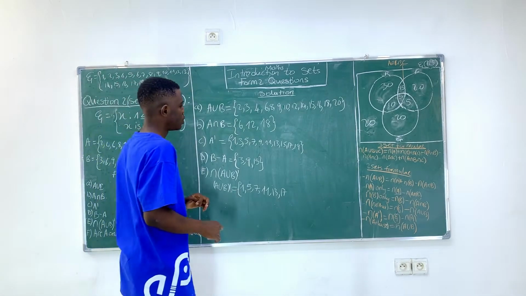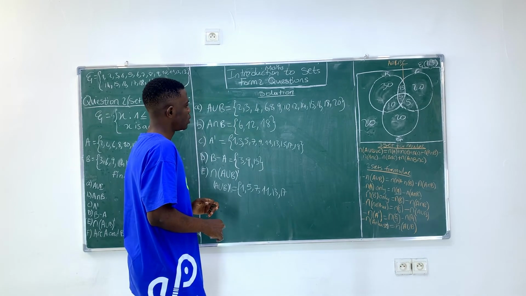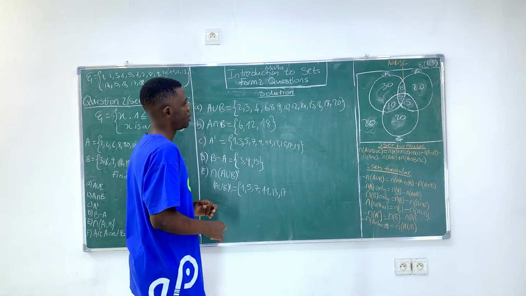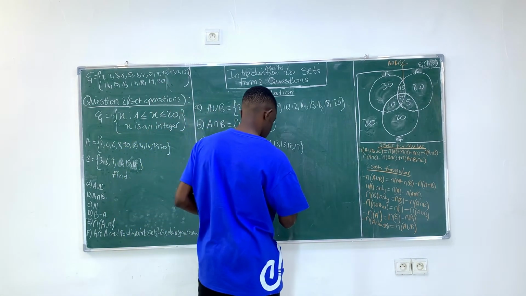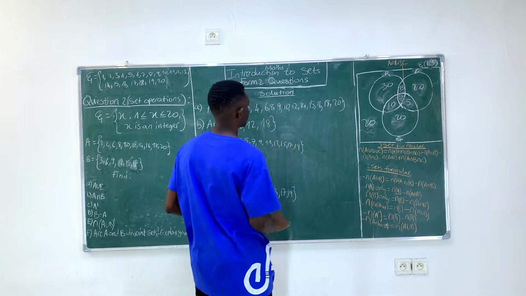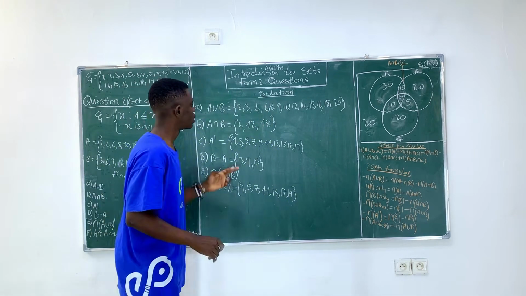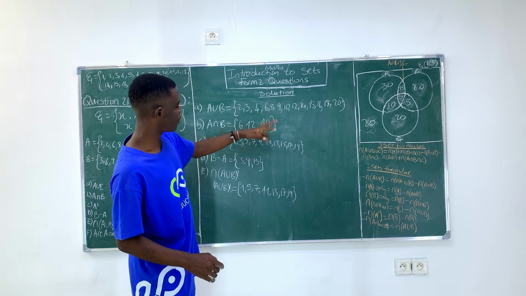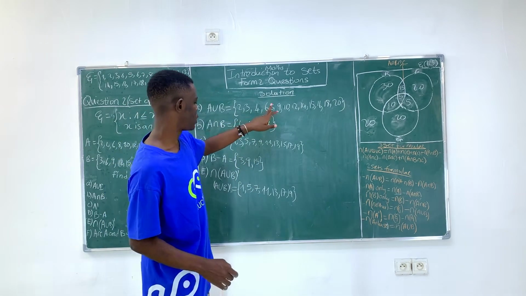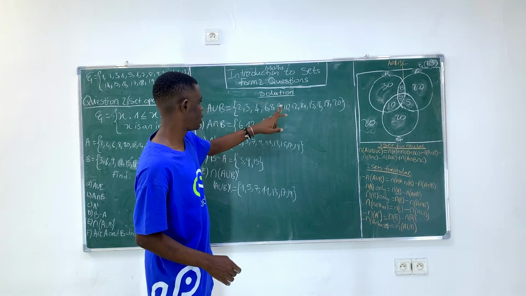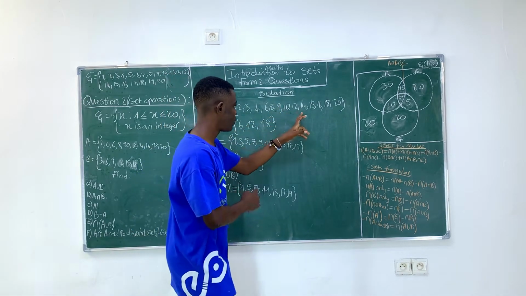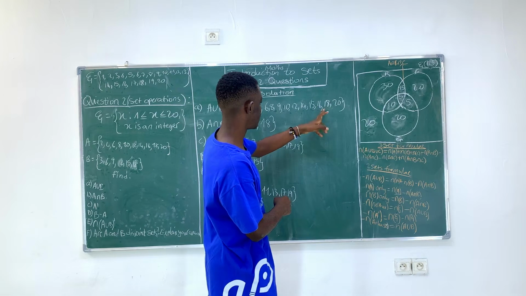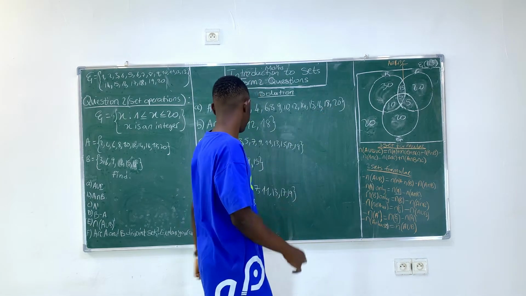There is no 19. Is there 19 here? No, there is no 19. The first should be 1, 2, 3, 4, 5, 6, 7, 8, 9, 10, 11, 12, 13, 14, 15, 16, 17, 18, 19.